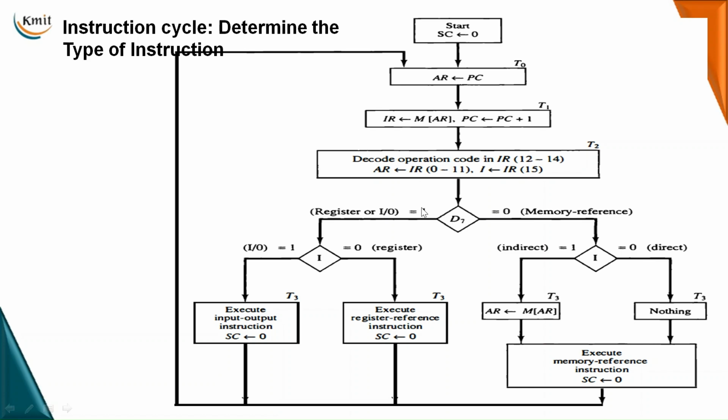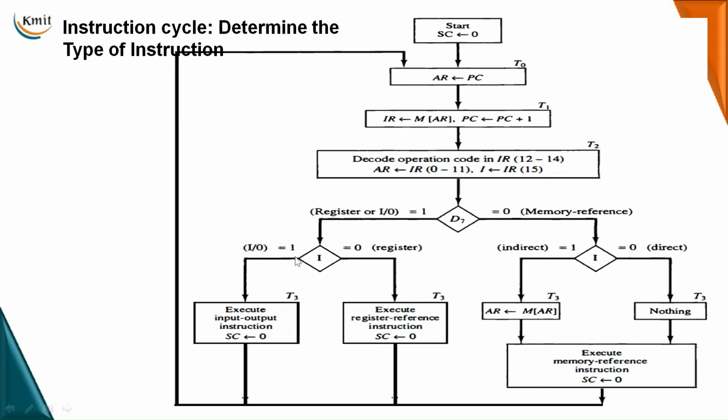If D7 is 1, which means the decoder output is D7, then depending upon the I bit, we determine whether it is an input output instruction or a register reference instruction. If the I bit is 1, then it is an input output instruction.